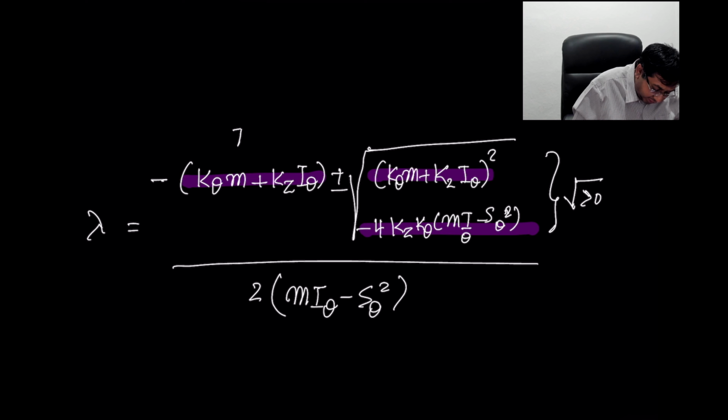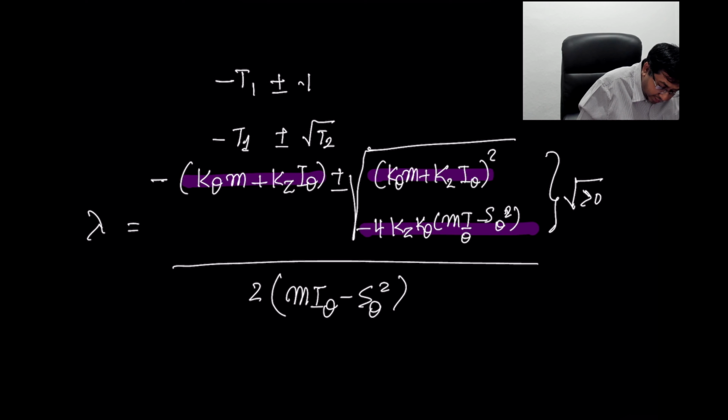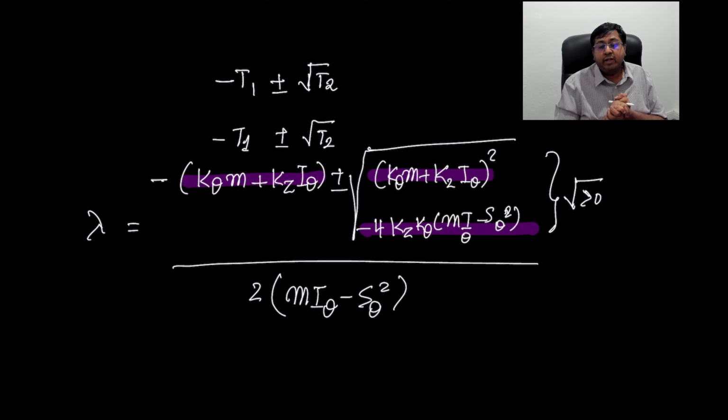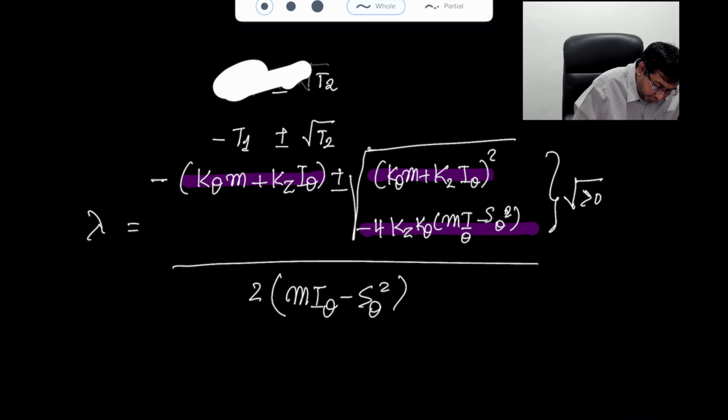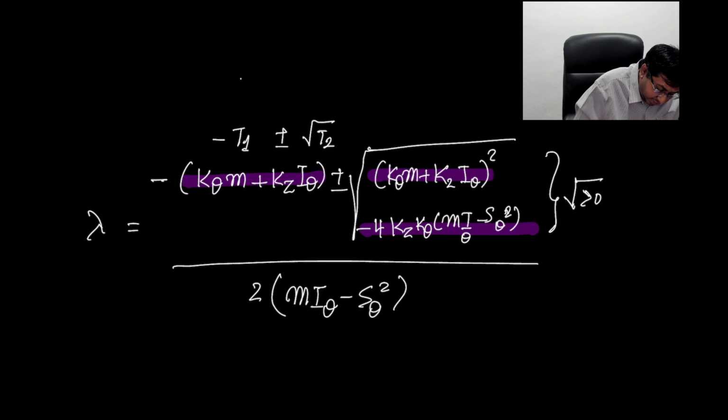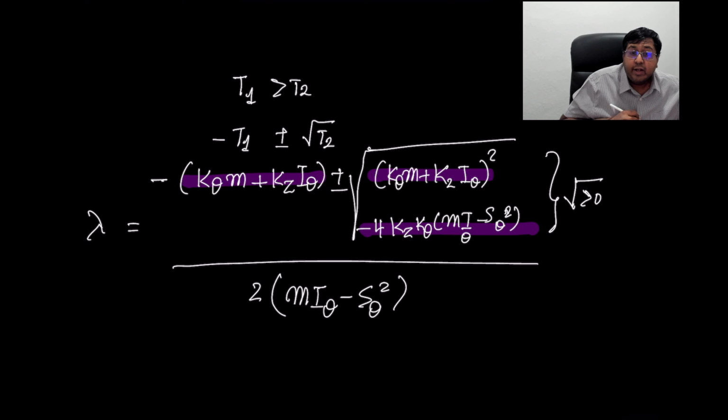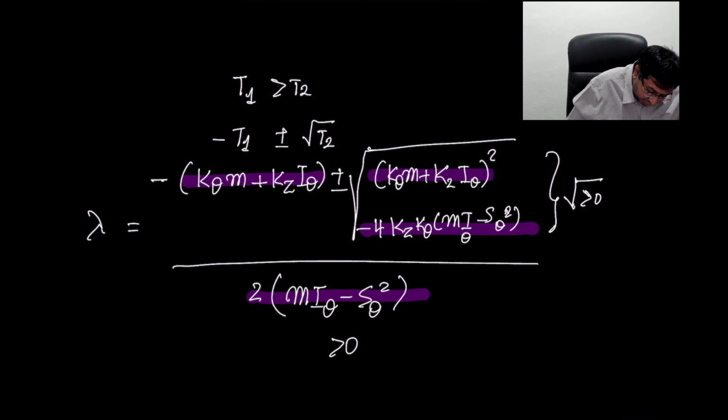Let's say if I call this term t1 plus or minus t2, I can say minus t1 plus or minus the square root of t2. So I know that t1 is always greater than t2, right? And we also know that our denominator is positive, so this is greater than 0.